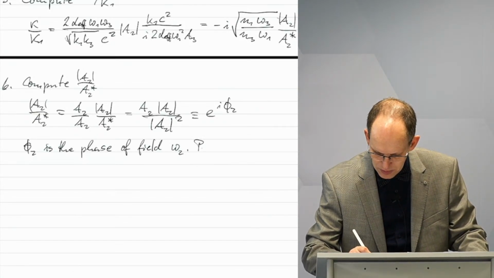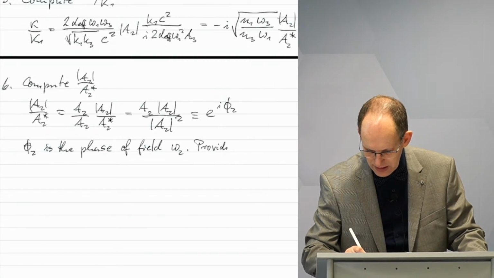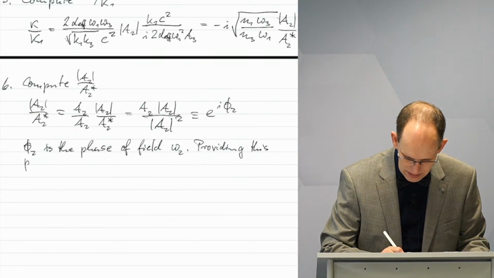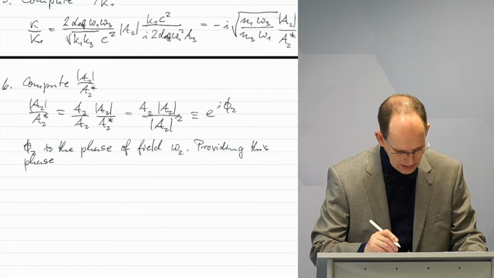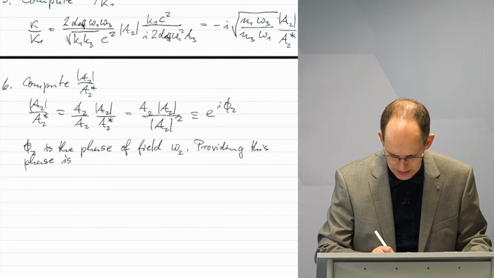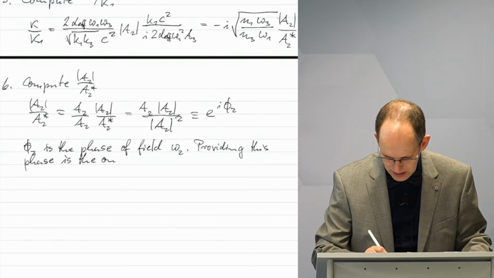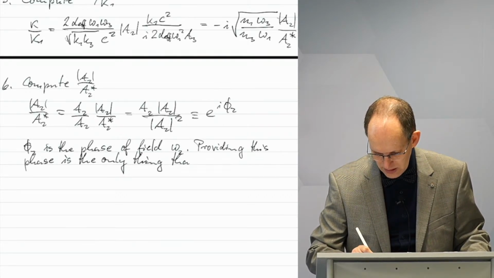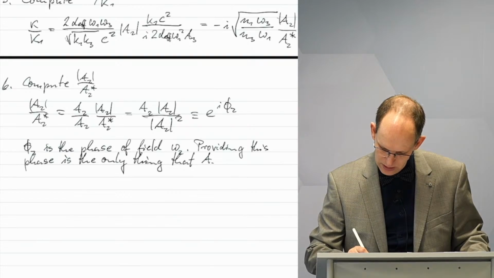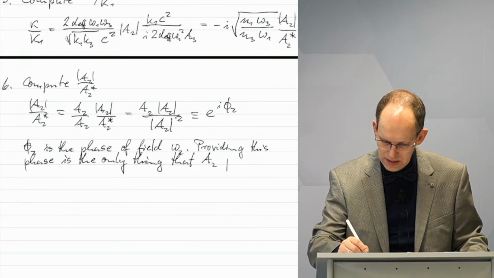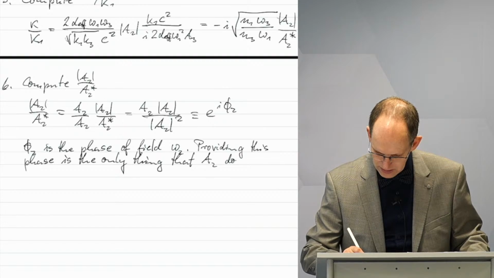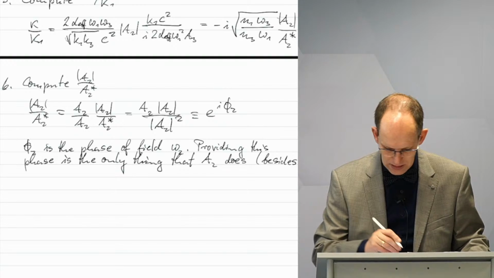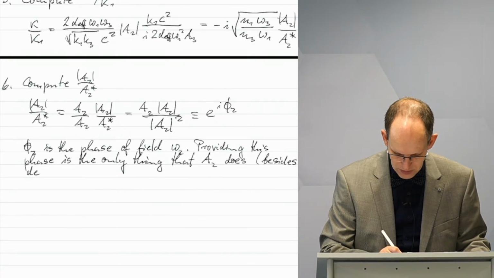And providing this phase is the only thing that A2 does, besides delivering a few photons.